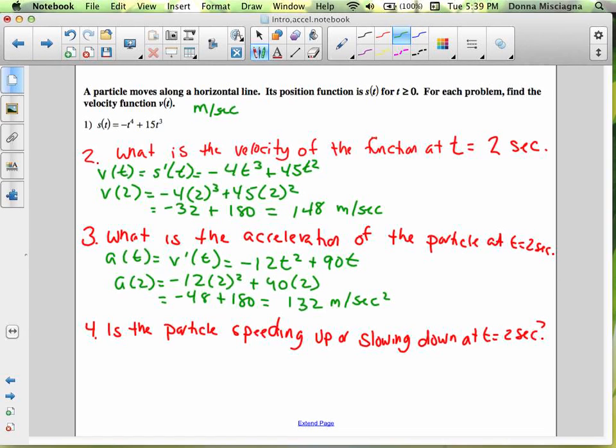Is the particle speeding up or slowing down at t equals 2 seconds? So we're not just going to say yes, speeding up or slowing down. We're going to say why.